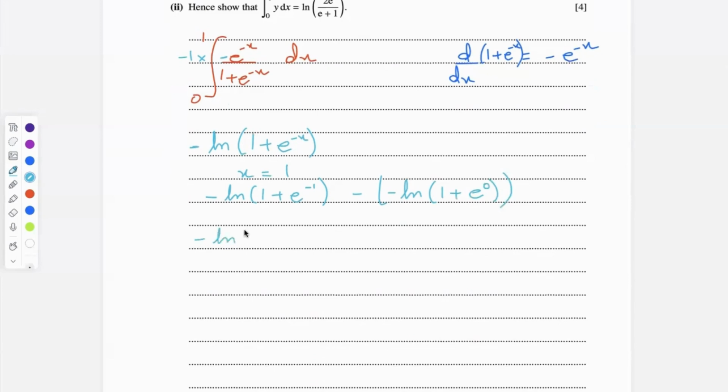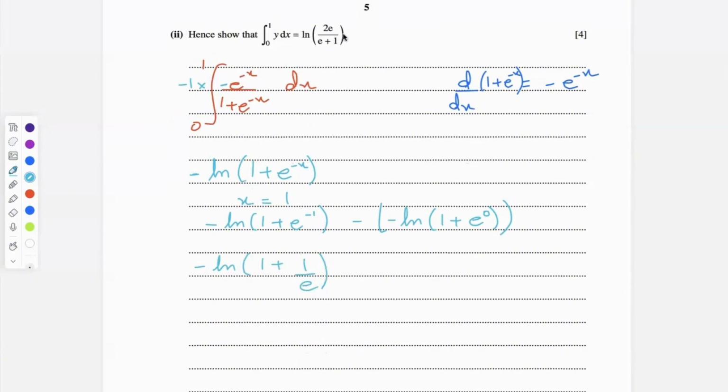Simplifying this, first we can write this as 1 plus 1 upon e, as in the expression we can see that we don't have a negative power with the exponential function. So now this will become plus ln of 2, since 1 plus 1 becomes 2. To make it easier, we can write this as ln of 2 minus ln of, and over here we take the LCM, so this will become (e plus 1) divided by e.